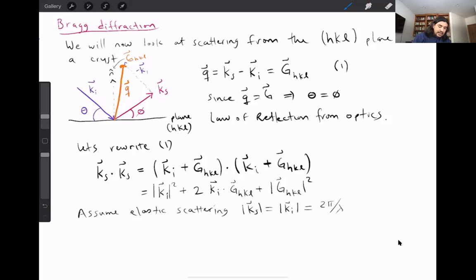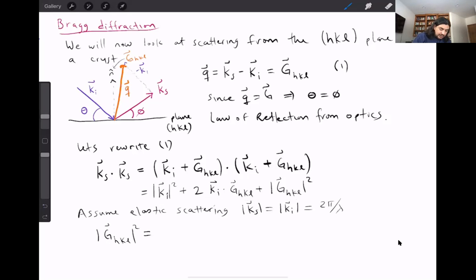So I can look at this and rewrite it. Remember, there's a Ks squared on this side and it's the same as this Ki squared, so those two cancel out, and I just have to deal with this one.